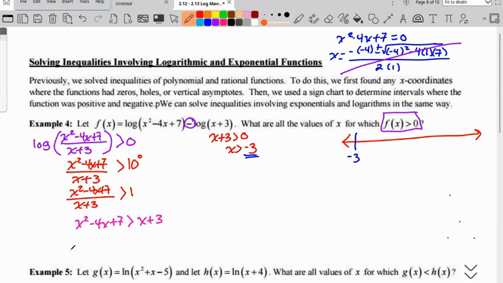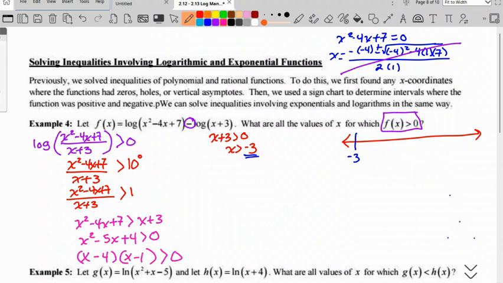Then I'm going to get that equal to 0, and that's going to give me x squared minus 5x plus 4 is greater than 0. Then we're going to just factor that. The factors of 4 that add to make -5 are -4 and -1.